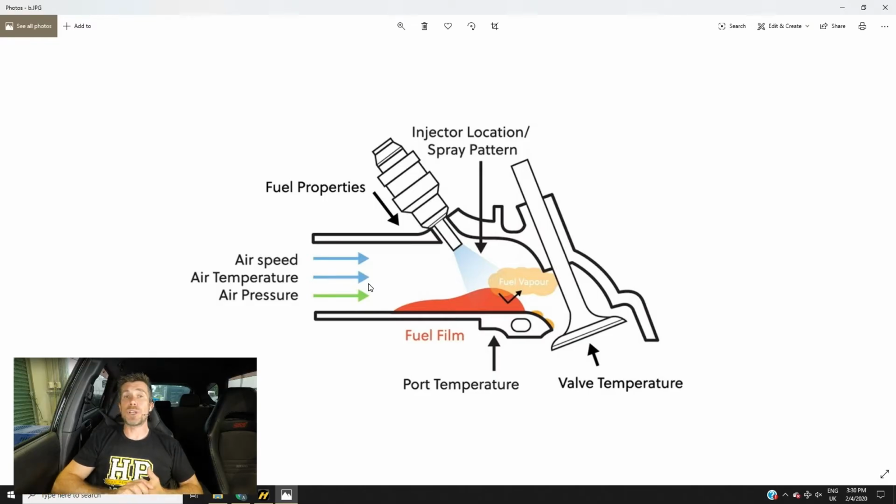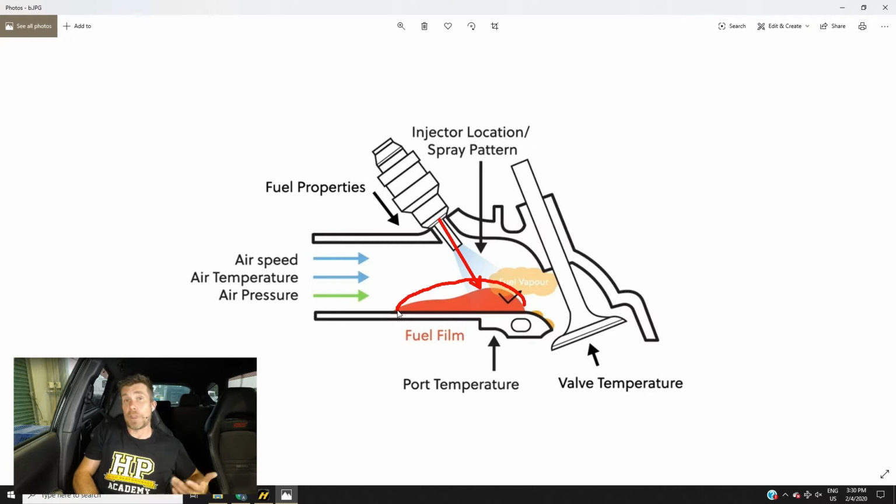As that manifold pressure increases sharply, what happens is that the size of the fuel film will increase. So what we then have is a situation where momentarily the fuel that's coming out of the injector, instead of being injected and then making its way into the cylinder, goes into increasing the size of that fuel film.